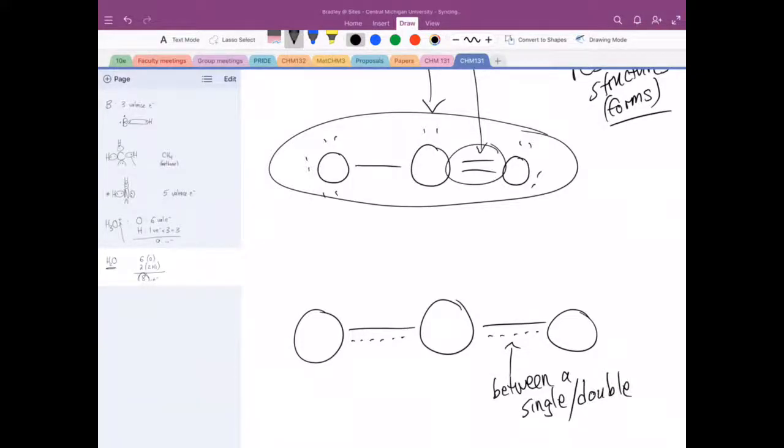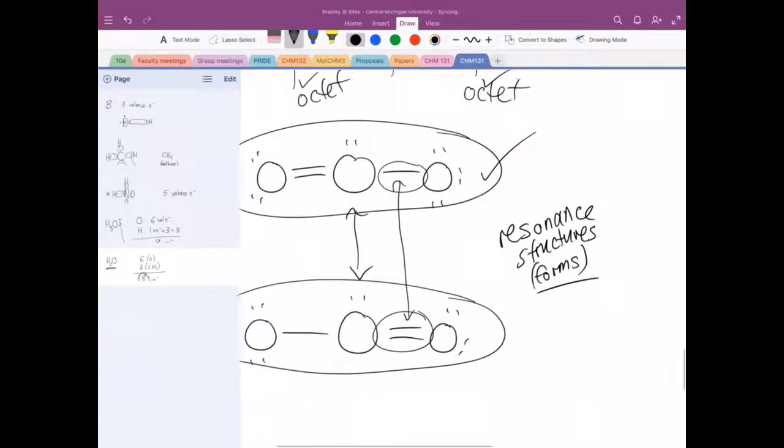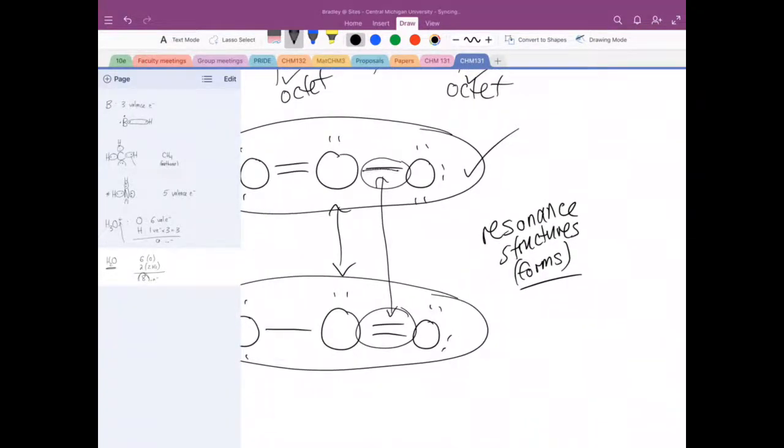Both of these examples. And that's just really saying that in this resonance form, these two oxygens are bonded just with a single, but in this resonance form, you have a double bond.